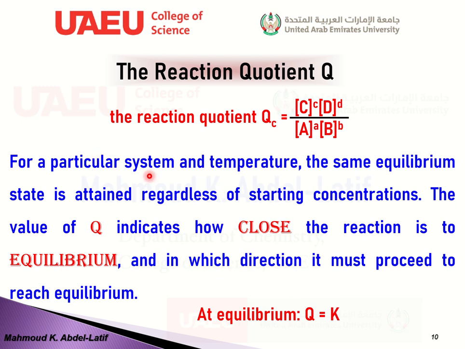For a particular system and temperature, the same equilibrium state is attained regardless of the starting concentration. Actually, this statement is very, very important. What does it mean? If you have a reaction with a backward reaction and a forward reaction, whatever starting concentration of the reactant you start with, at some time you will reach equilibrium.